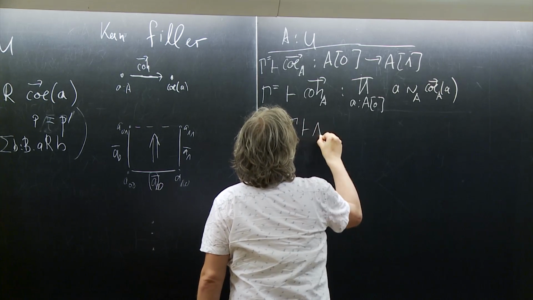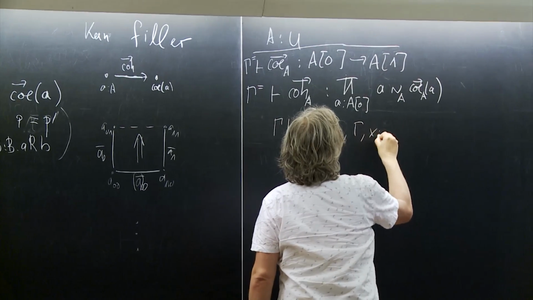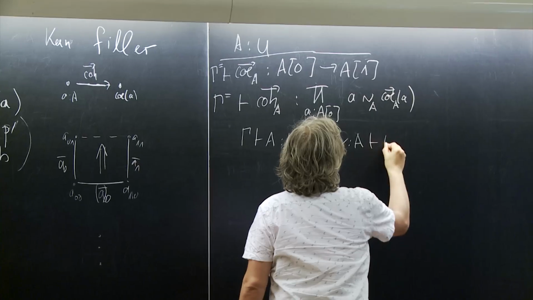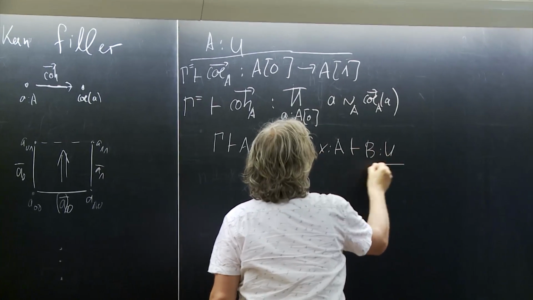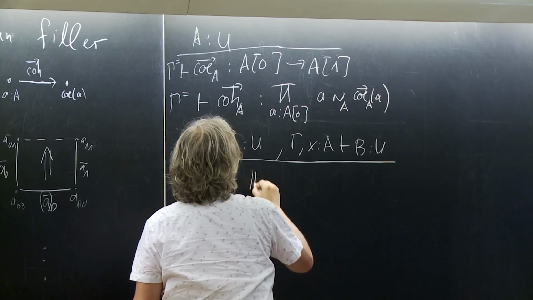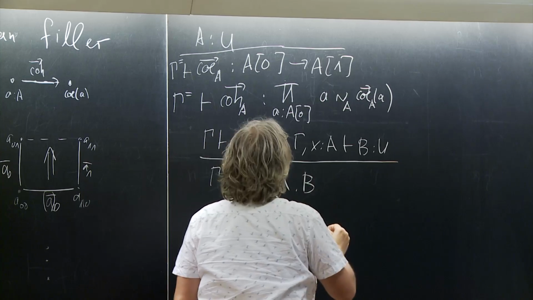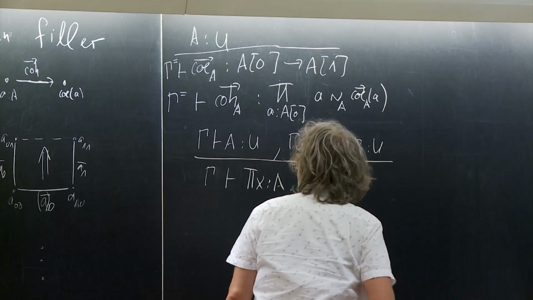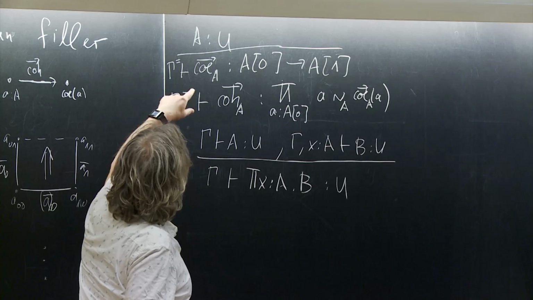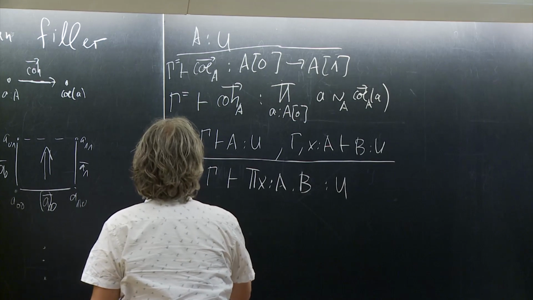We know that A is a type, and we know that in the context x : A, B is a type. Then I know that Pi x:A. B is a type. So now I want to define coerce for this. Let me see, do I do this here?